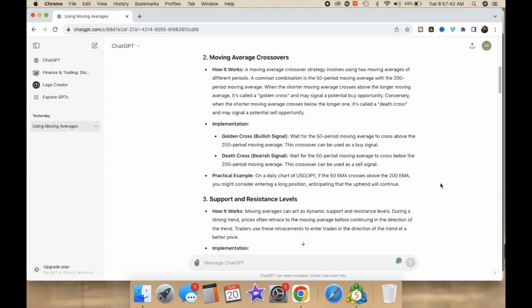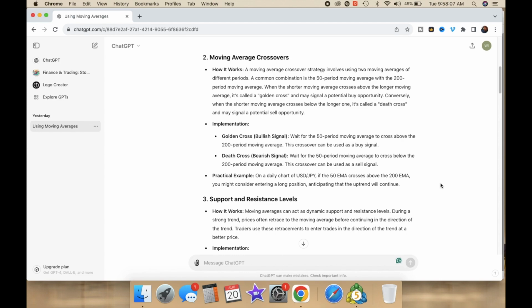It says moving average crossovers. How it works: a moving average crossover strategy involves using 2 moving averages of different periods. A common combination is a 50 period moving average with the 200 period moving average. When the shorter moving average crosses above the longer moving average, it is called a golden cross.